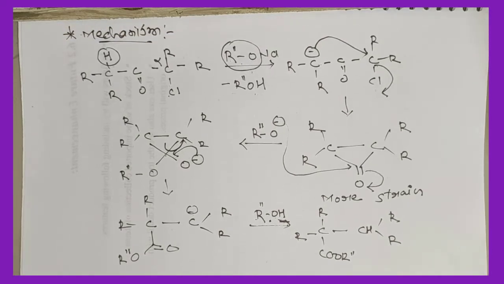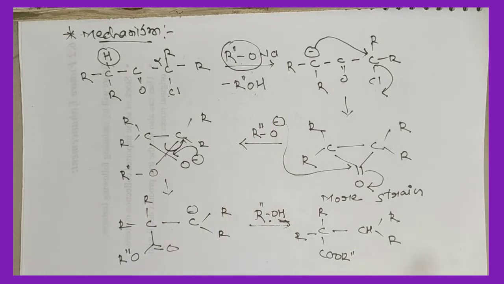Clear? So in the first step, the proton is abstracted by the sodium alkoxide, right? After that, this anion attacks the nearer carbon to remove the leaving group, meaning halogen. It gives a cyclic 3-member carbonyl group, which is more strained. That's why now OR minus acts as a nucleophile, and it removes the strain by opening the ring.